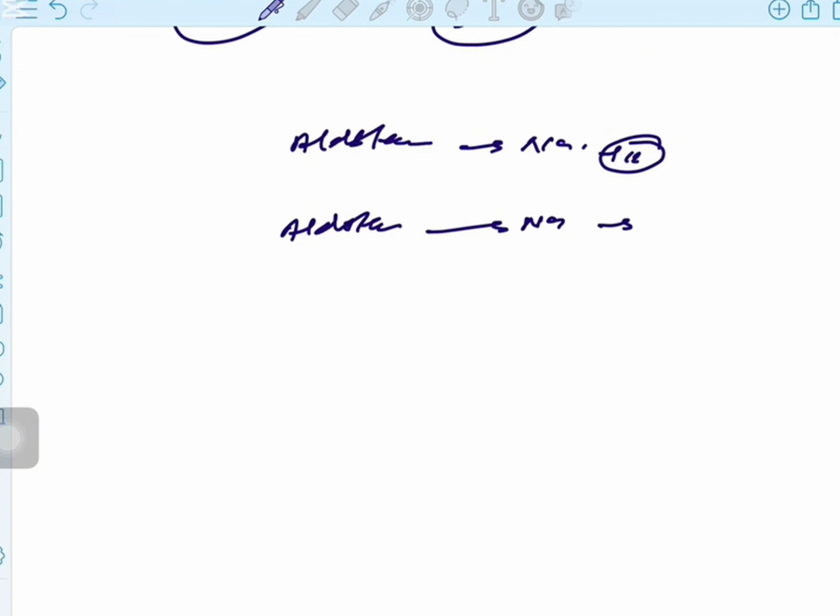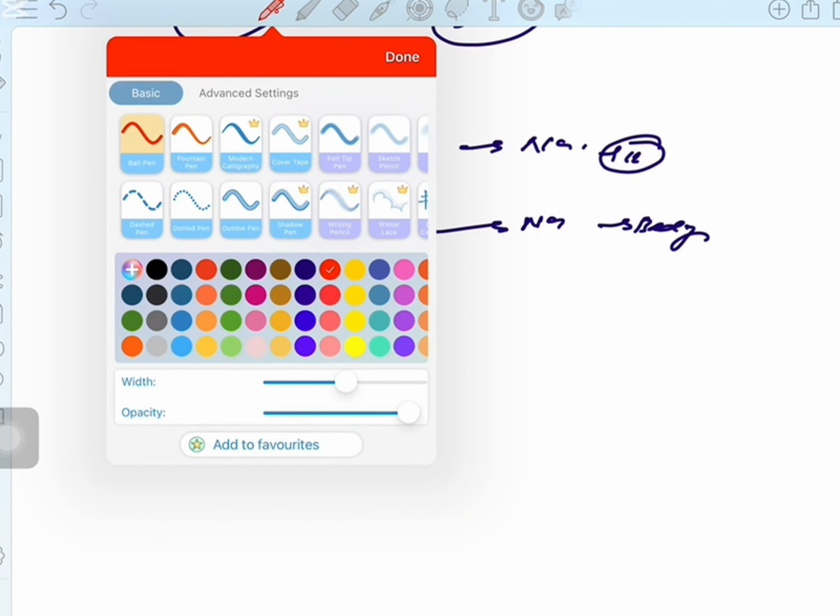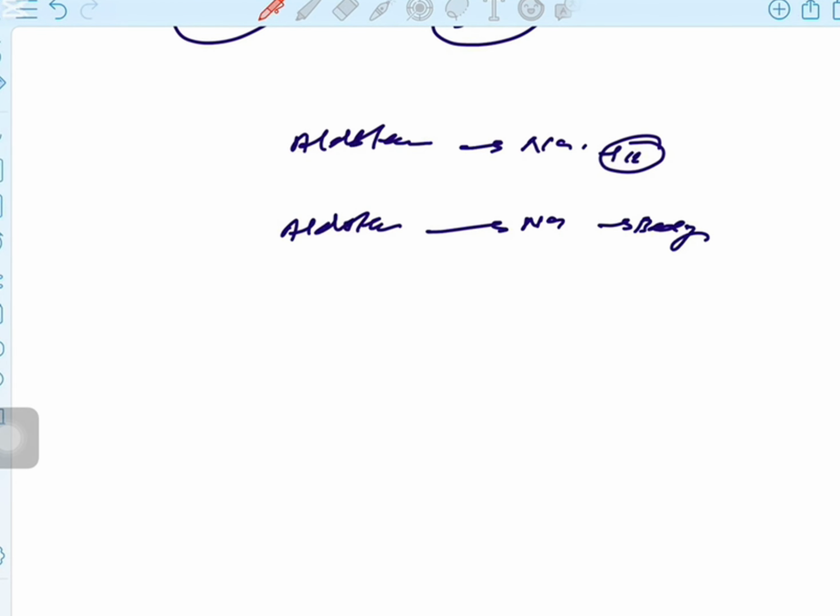If someone asks you which ions aldosterone controls, we will say it is sodium and potassium. We know that aldosterone's main function is to bring sodium into your body. In a normal person, if we give sodium, the aldosterone production should be low.